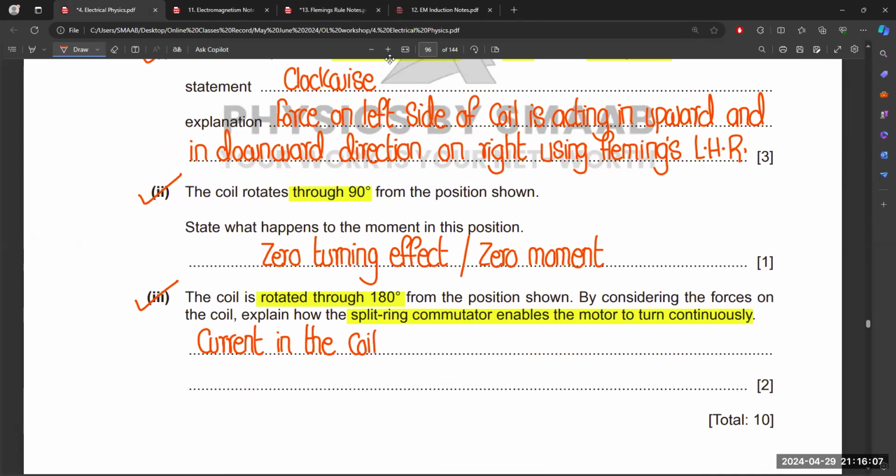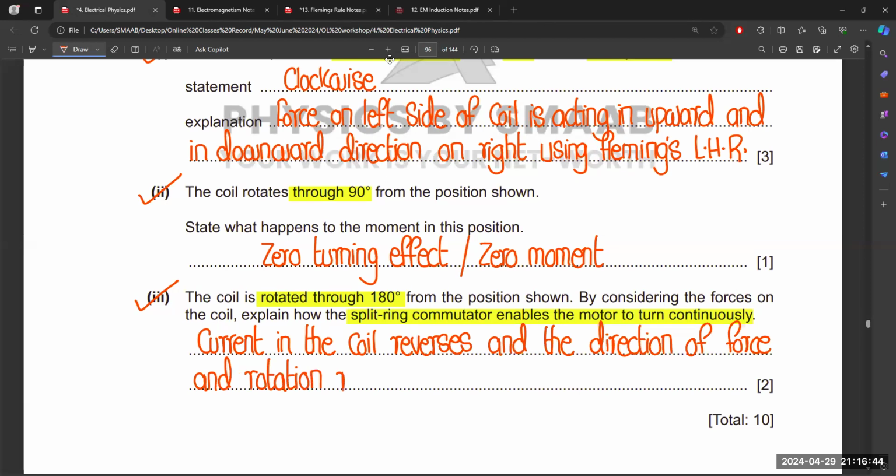So we will mention in this part that the current in the coil reverses, and the direction of force and rotation remains the same.